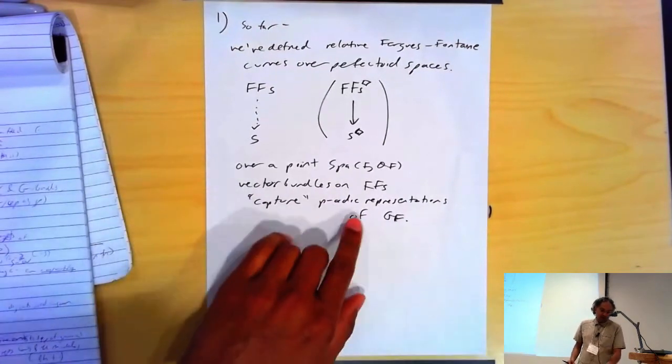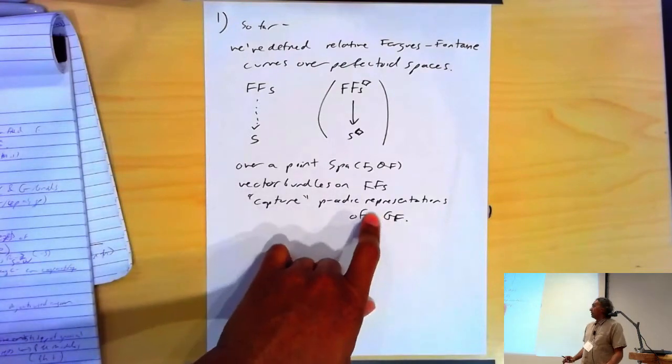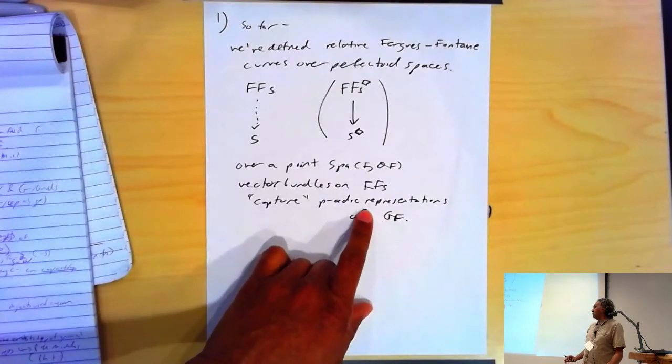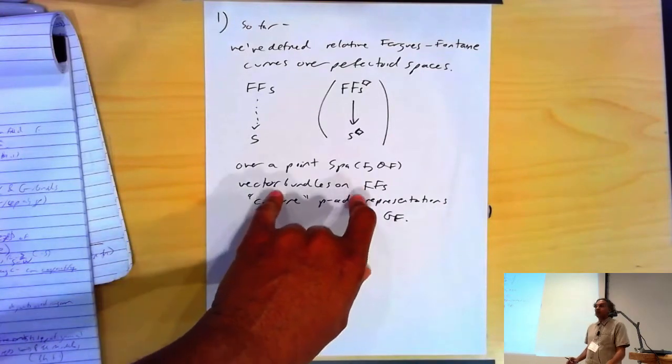So we've done something that kind of traps the objects of interest in p-adic Hodge theory, p-adic Galois representations, inside some kind of geometric framework.